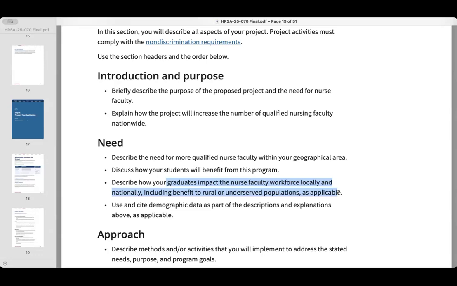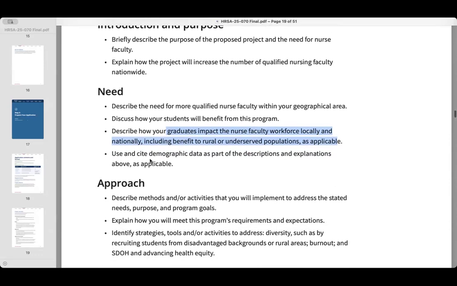If you're scrambling at the last minute, it's easy to miss things like that. If you're planning ahead and making a list, sending out a note to the faculty asking if they know any alumni who are doing something like that, it is easy to grab those anecdotes that can really anchor the rest of the data in your application.